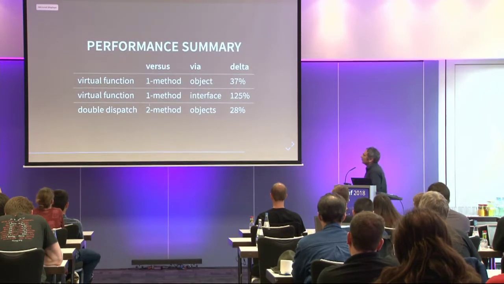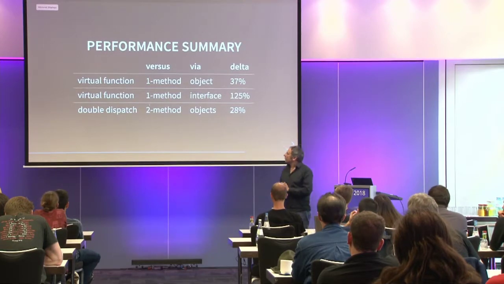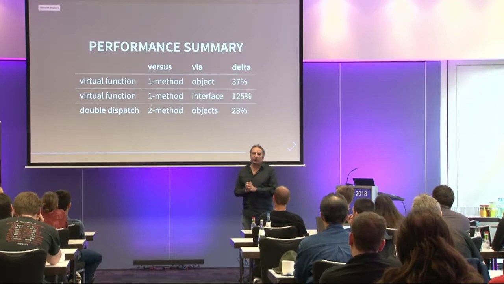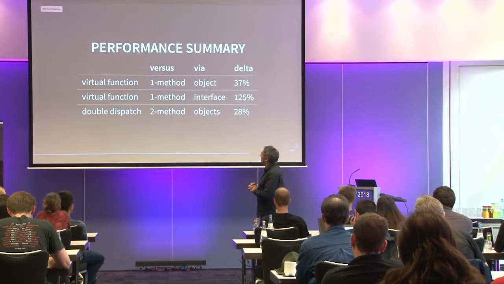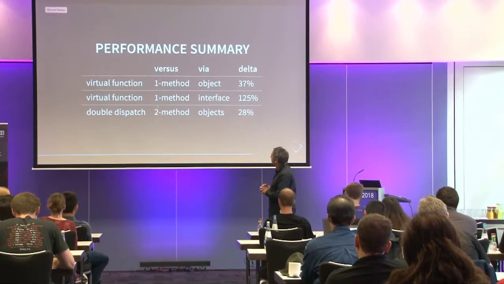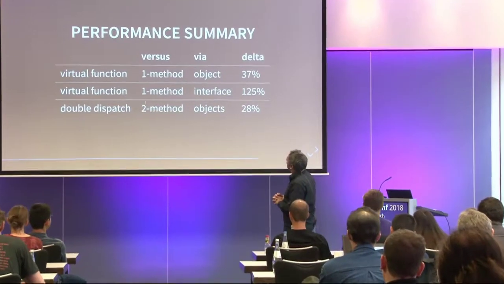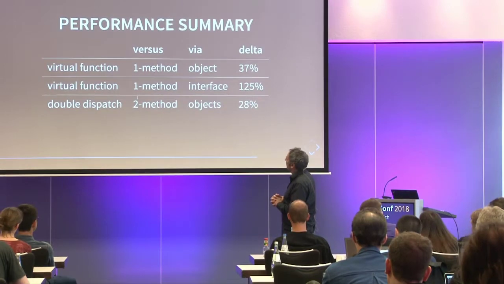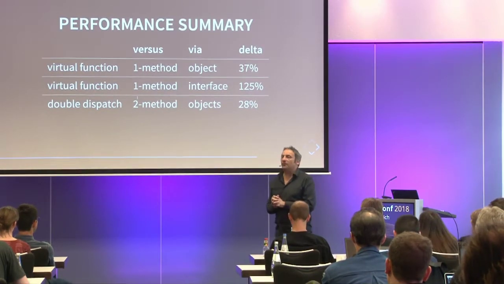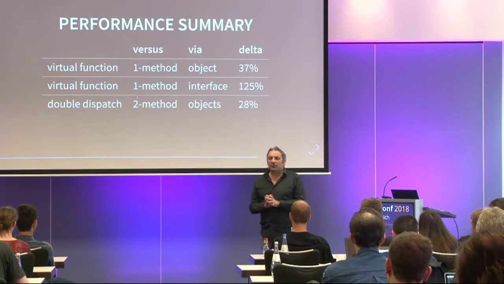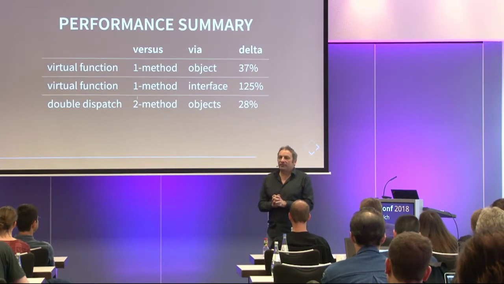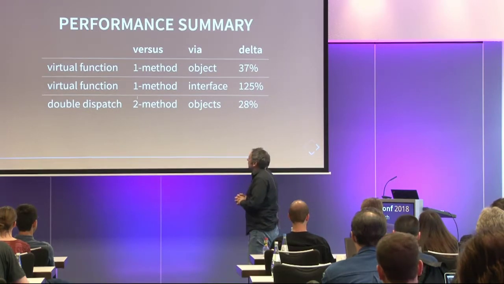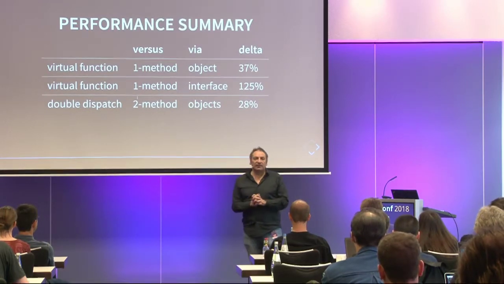Okay. Here's a summary of the performance. Here I make a race between calling a virtual function and the equivalent method with one virtual argument. As I already said, a uni method versus a virtual function is 37% slower, but if the body of your function does anything at all, you won't even see it. It's not as good when the call is made via an interface.